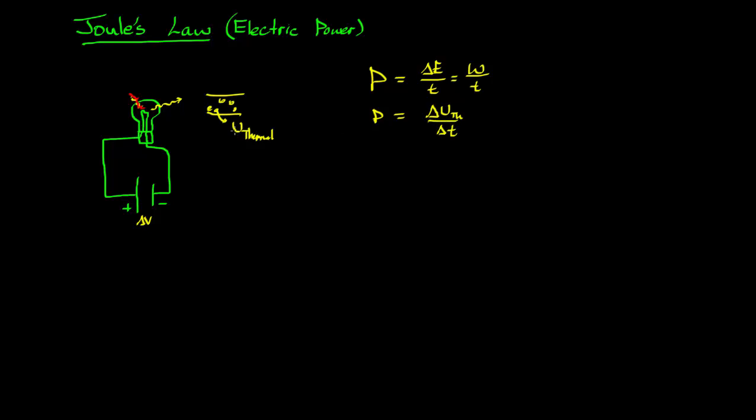But the change in thermal energy is going to be equal to the loss of electric potential. So the power is going to be the negative loss in electrical potential over time.